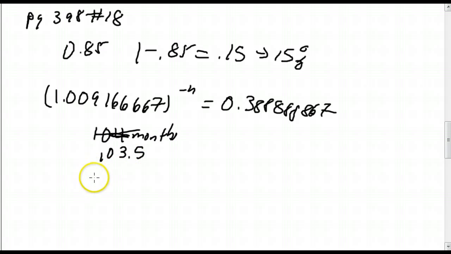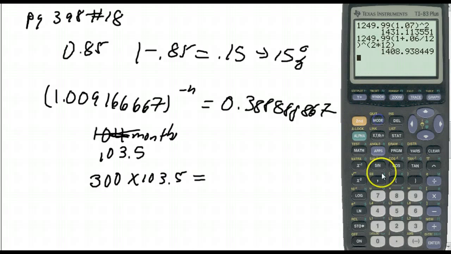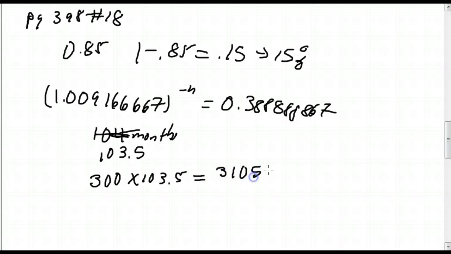So the total amount, she's spending 300 a month. It'll be 300 times 103.5. So her total payments are $31,050.